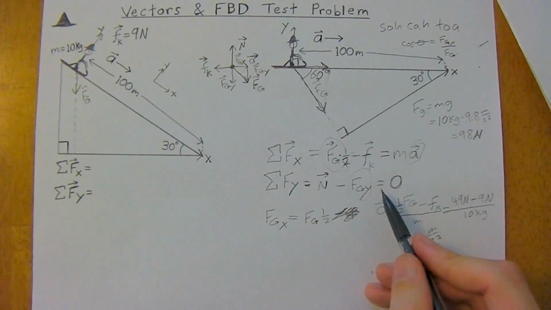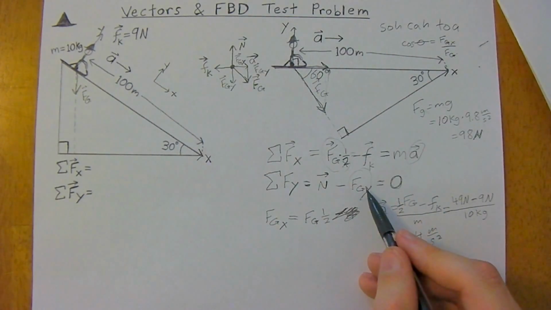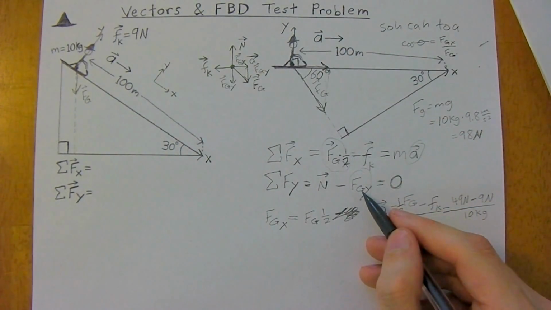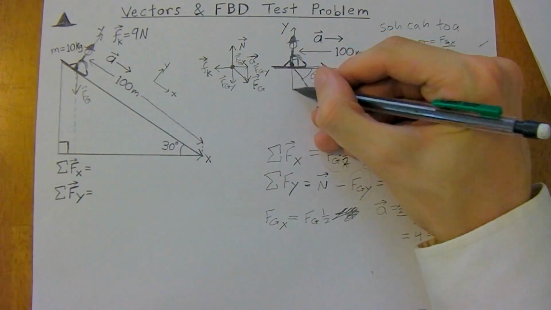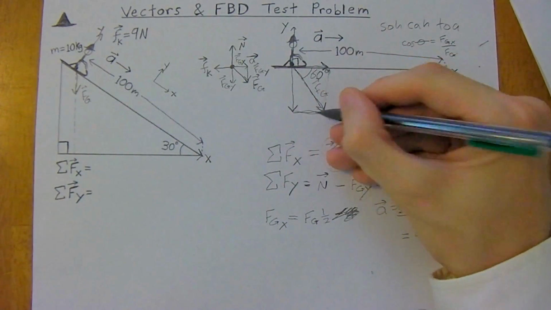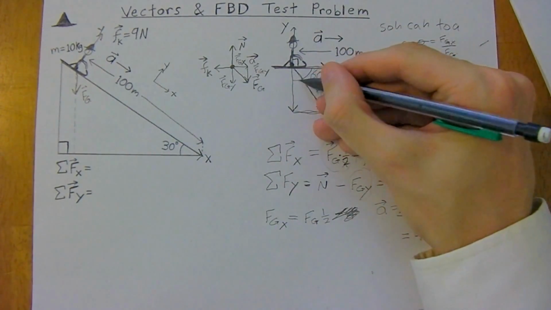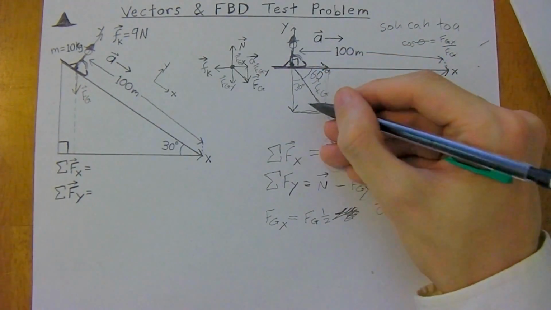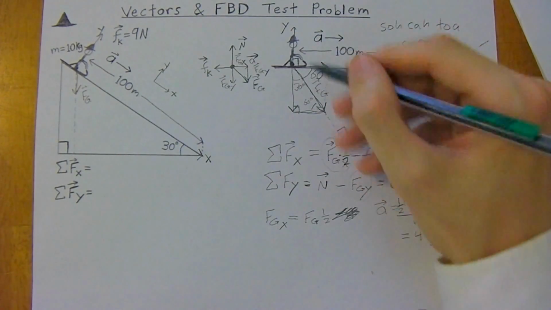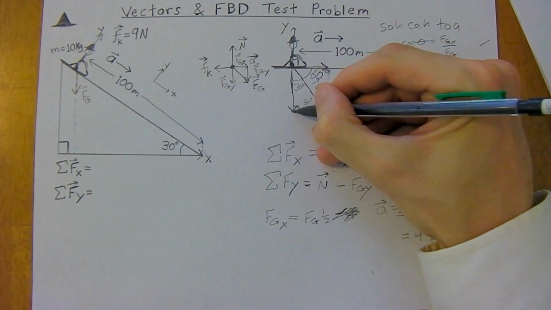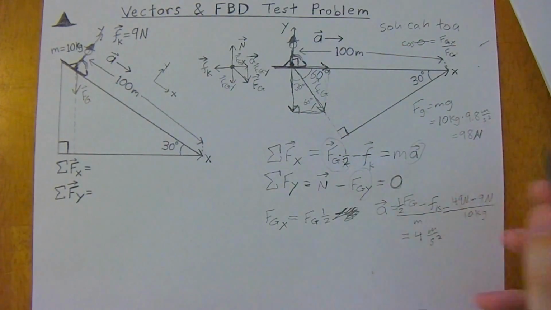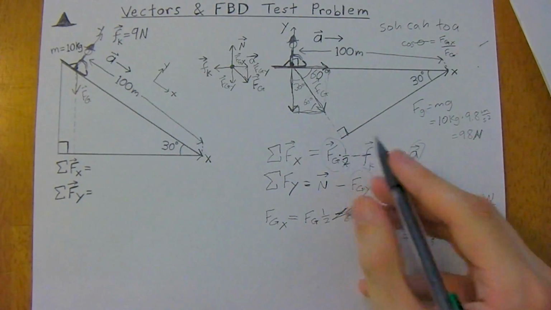Okay, and now we just want to figure out the force of gravity in the y direction, using the same Pythagorean theorem and SOHCAHTOA, to get the normal force. So in the y direction now, down here, this angle is 60 degrees. We know that this angle here is 30, and that this is 90 degrees. We're looking in the y direction now, and we want the adjacent again, so we can do the cosine of 30 degrees.